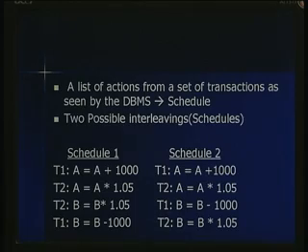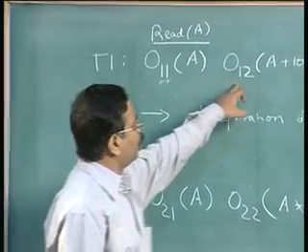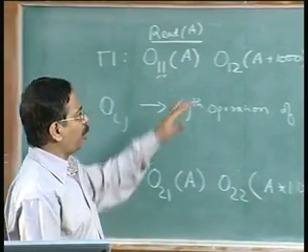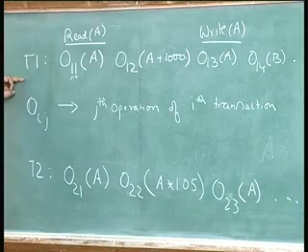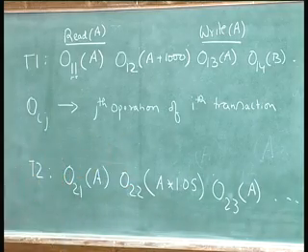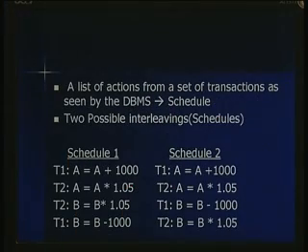O11, O12, O13, O14 are the set of operations constituting T1. Similarly, we have O21, O22, O23 constituting transaction T2.